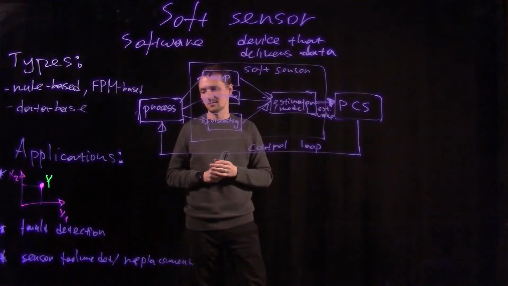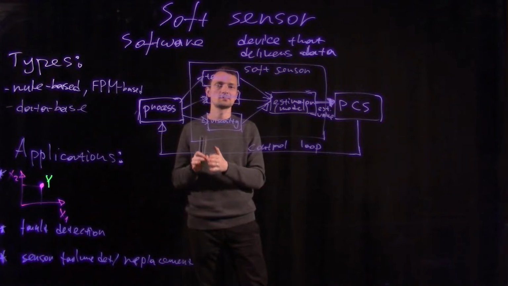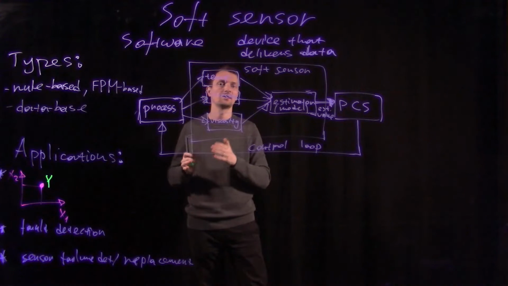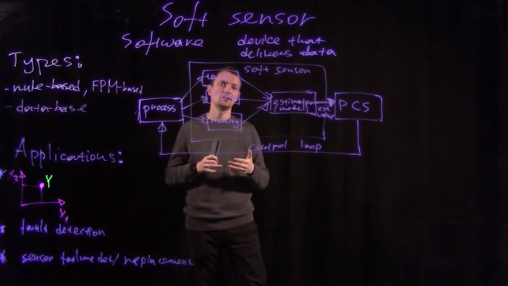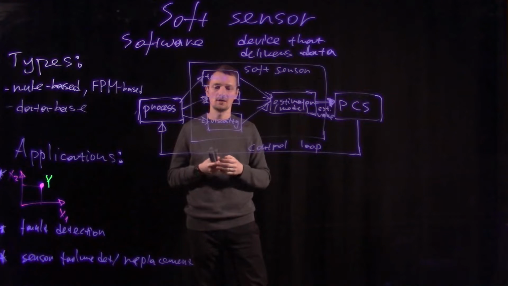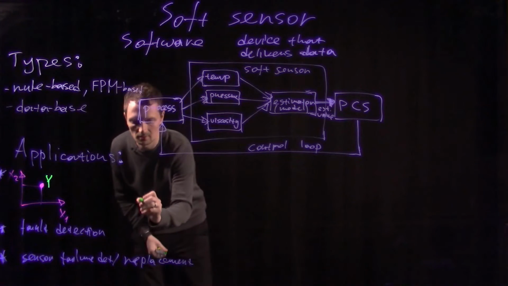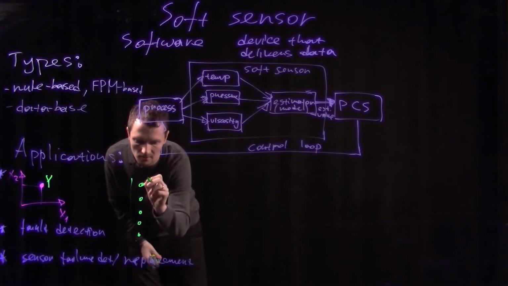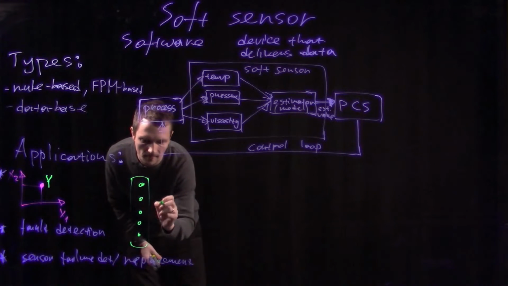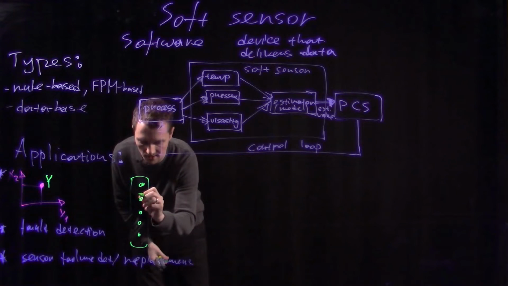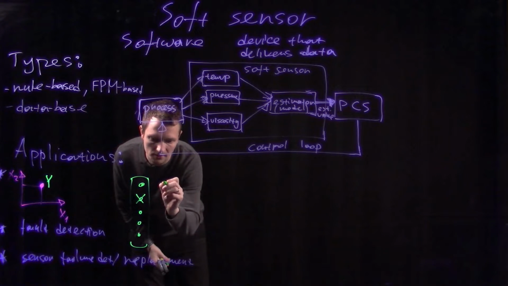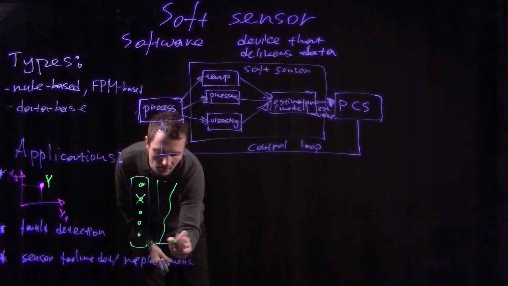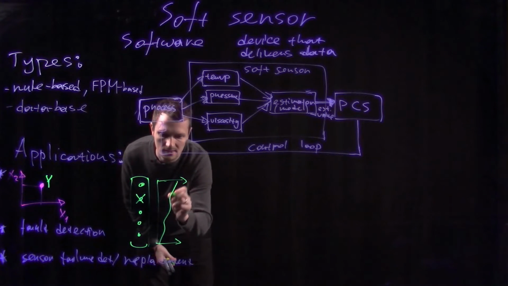In this case, you can say, I detect this sensor doesn't work, how it should work, and then I can replace it if I have some sort of correlation model. For example, you have different temperature sensors in your column, and this sensor doesn't work anymore, and you have a temperature profile which normally looks like this.